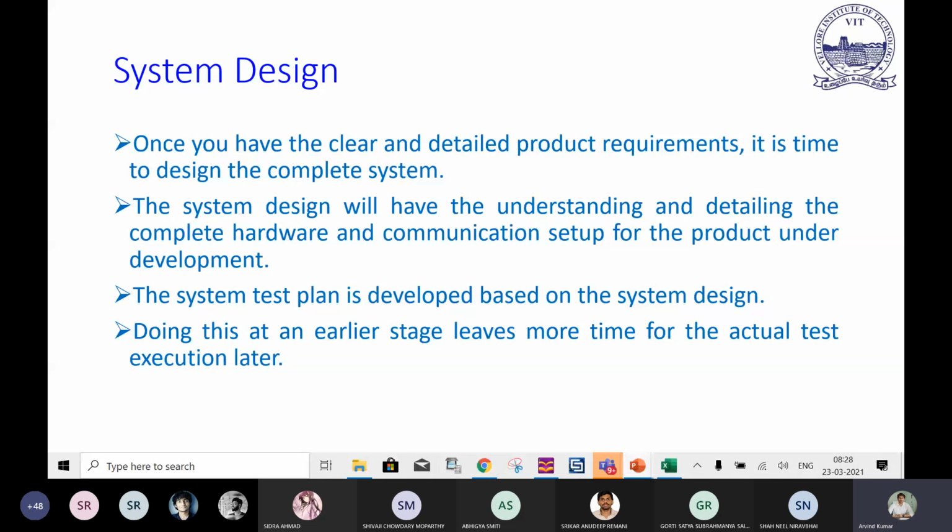So those things will be decided over here. The system test plan is developed based on the system design. Doing this at an early stage leaves more time for actual test and execution later. So that's how system design is executed in this model, and architectural design is the next step in this model.